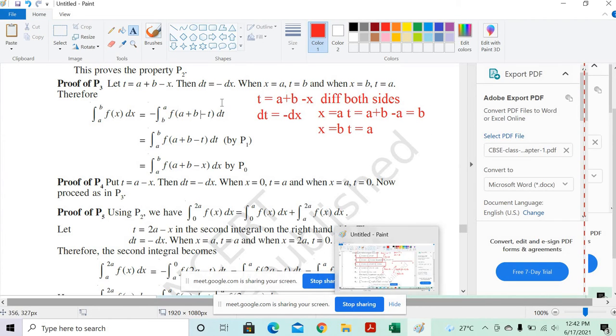Okay, now substitute. So here, f of x. What is x? x will be equal to a plus b minus t.